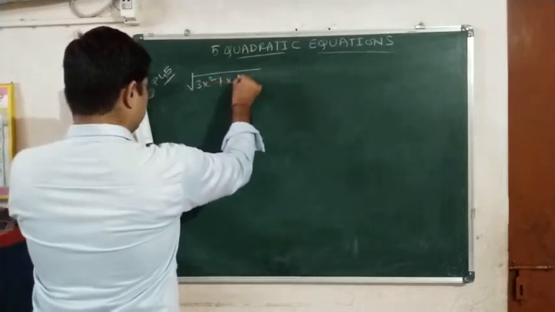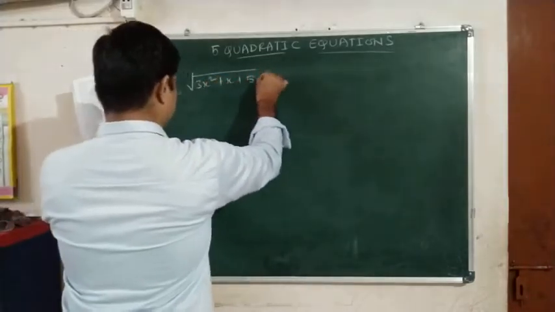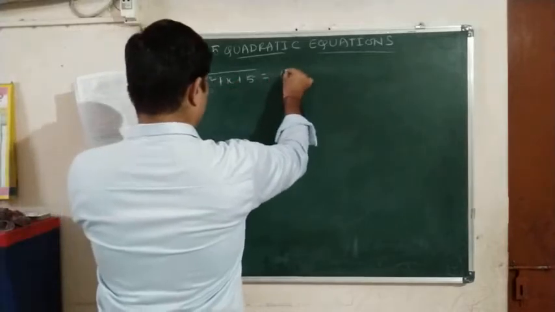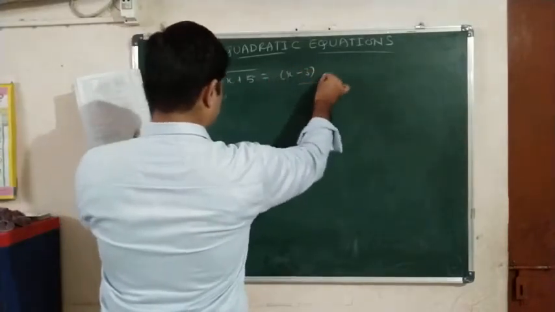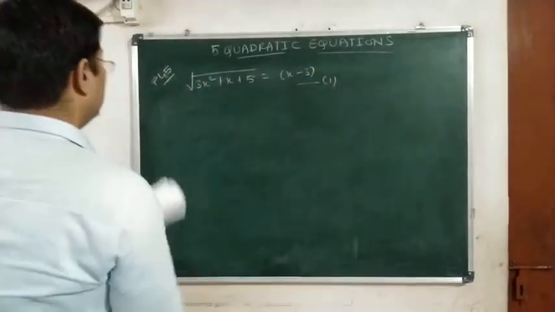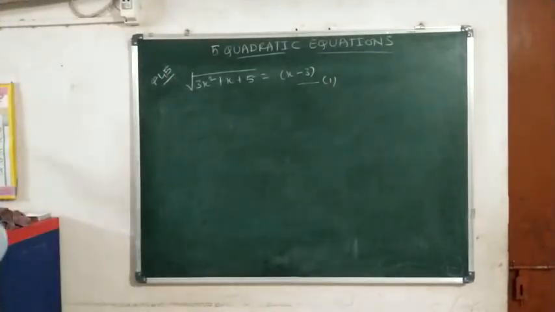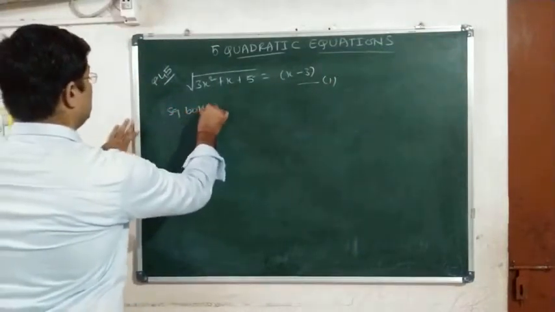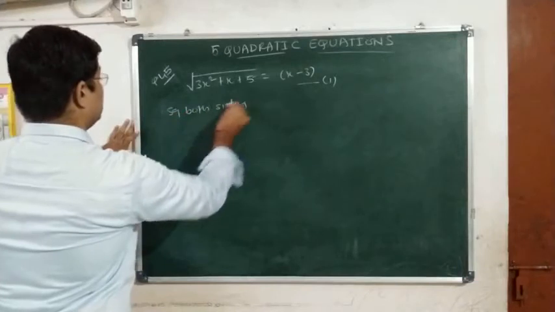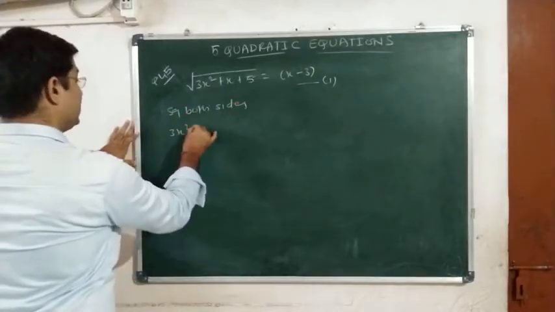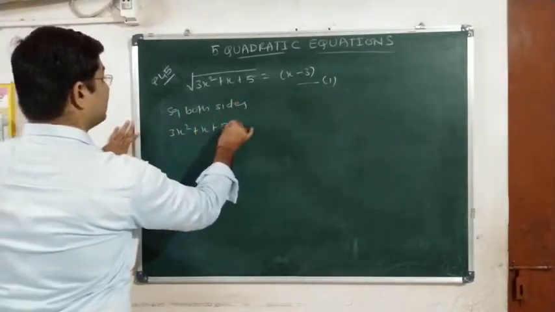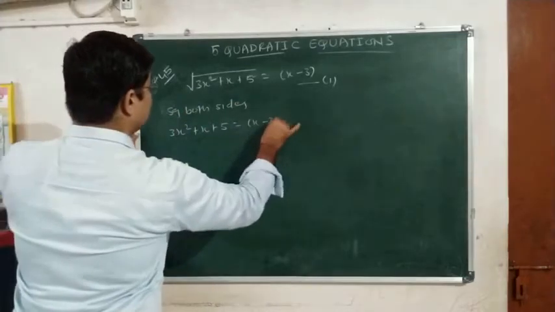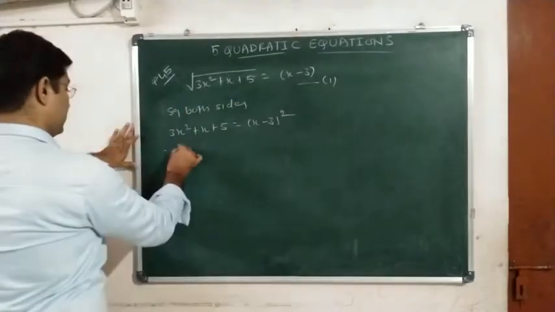3x square plus x plus 5 is equal to x minus 3. Okay, now squaring both the sides. 3x square plus x plus 5 is equal to x minus 3 the whole square.